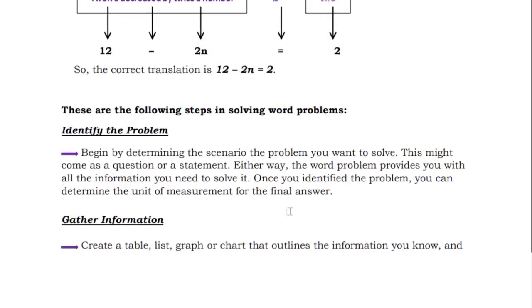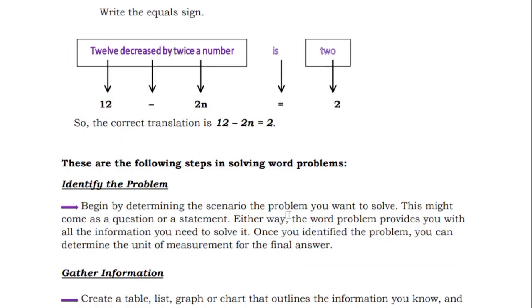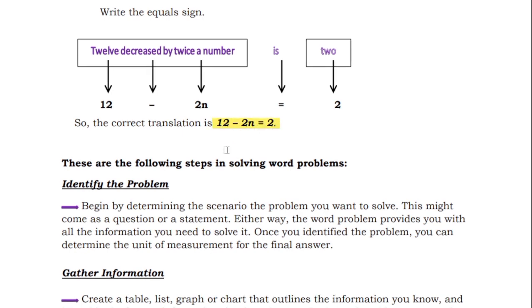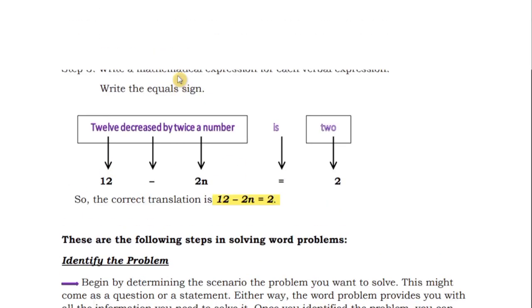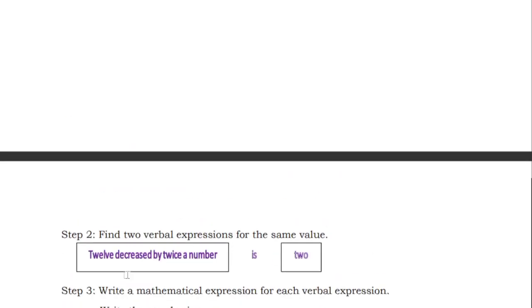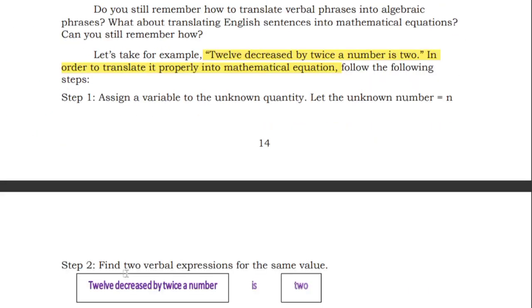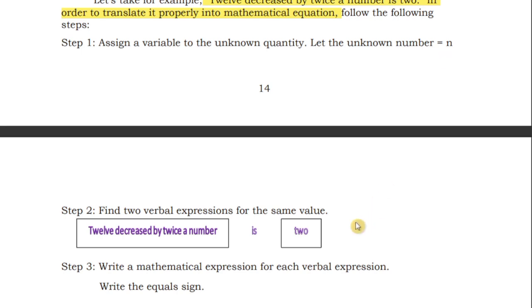Then after which we are going to gather some information on how to solve the problem. So this is the given mathematical representation, 12 minus 2n equal to 2, from 12 decreased by twice a number is 2. We let the unknown value be represented by n.